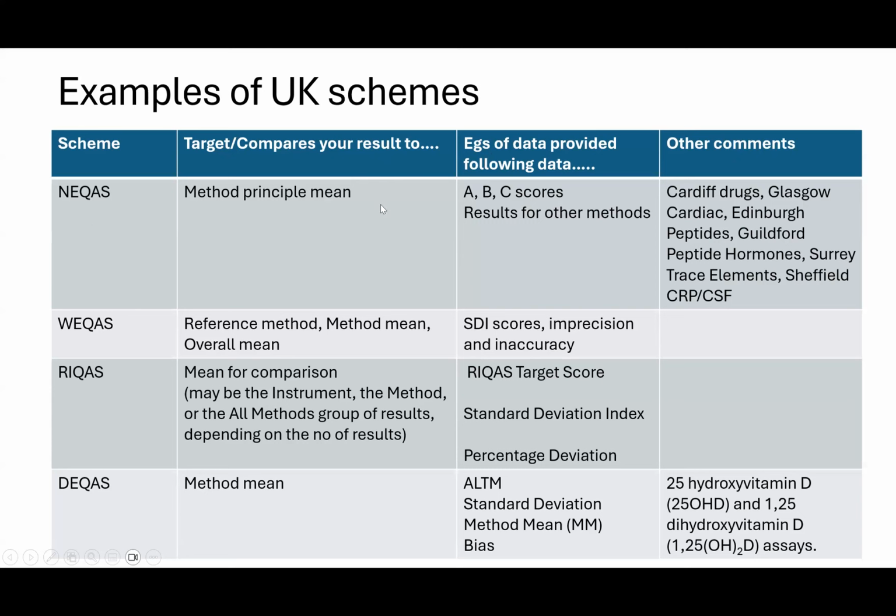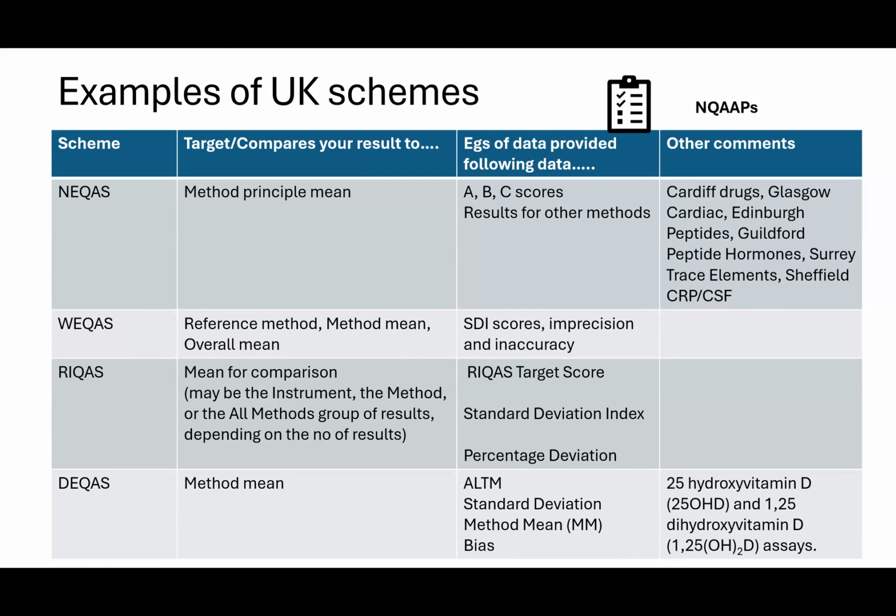And the reason to put this is because, for example, NEQAS often uses a mean or a trimmed mean to give you your target value, whereas WEQAS, for example, may use a reference method to get your target value. So you need to understand all these bits about your scheme to be able to get the best use out of them.